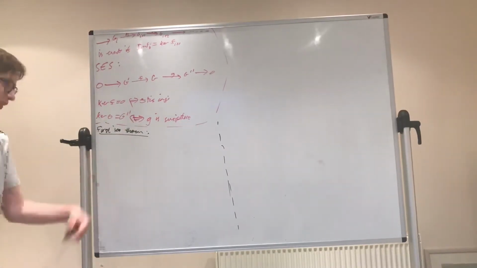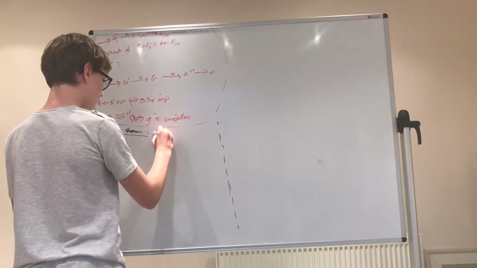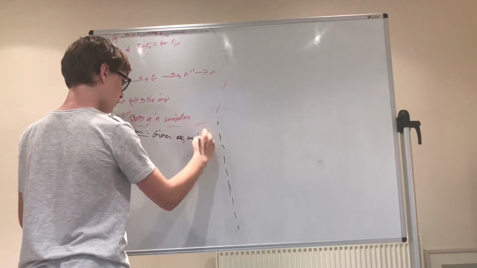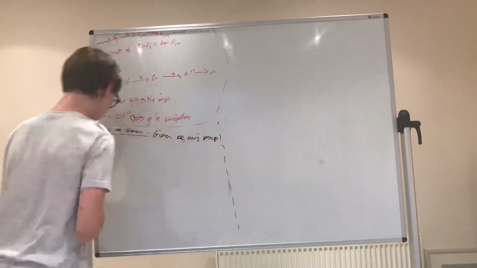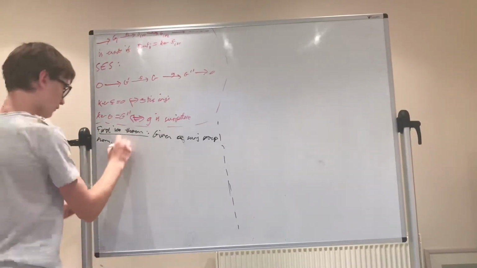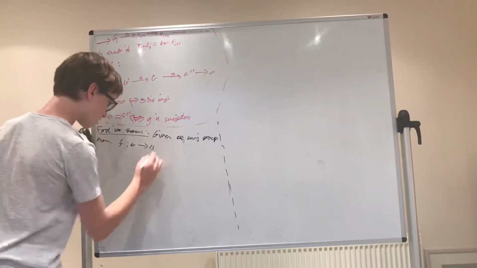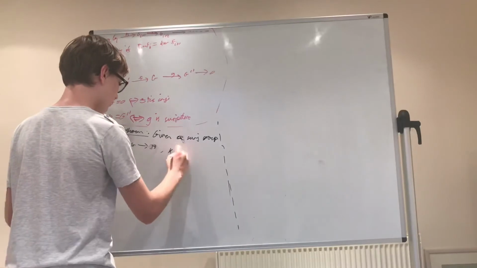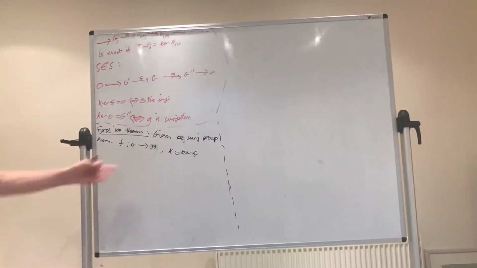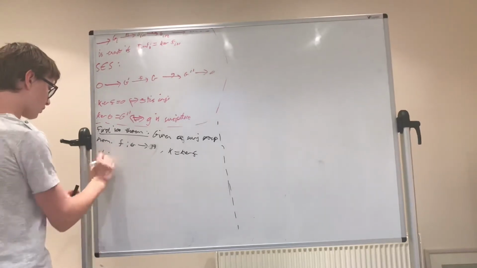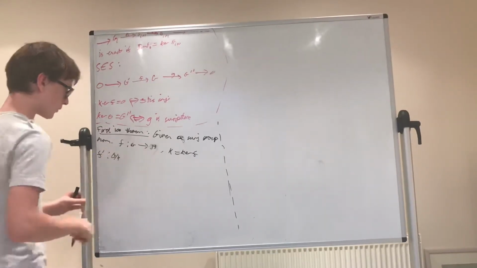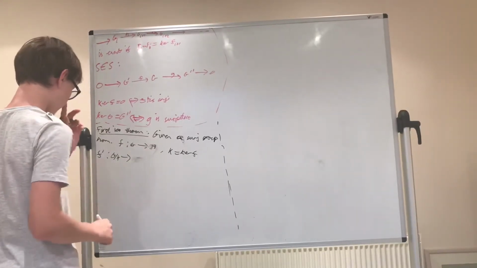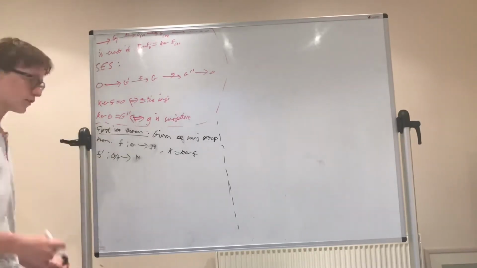What it says is, given a surjective group homomorphism f, which takes you from G into H, if we put K equal to the kernel of f, then this homomorphism f prime, which takes G mod K into H, is an isomorphism.